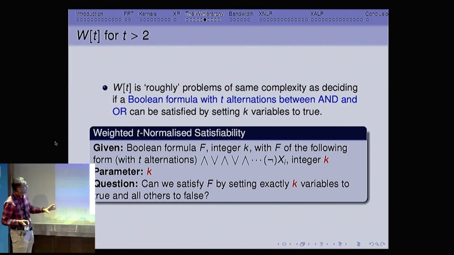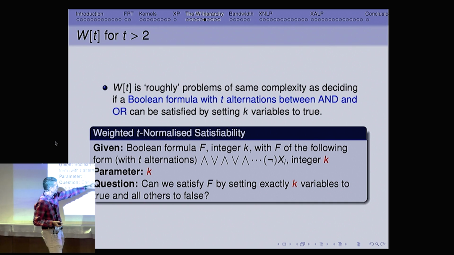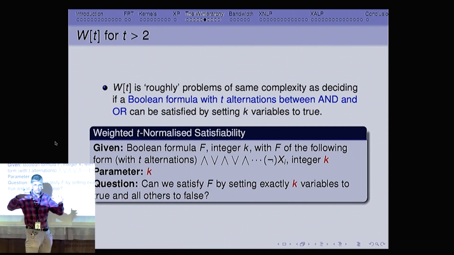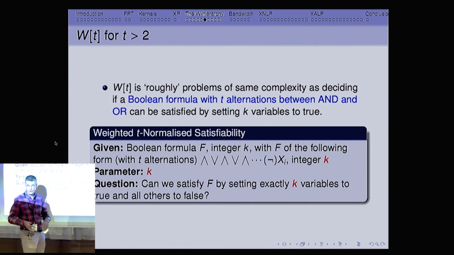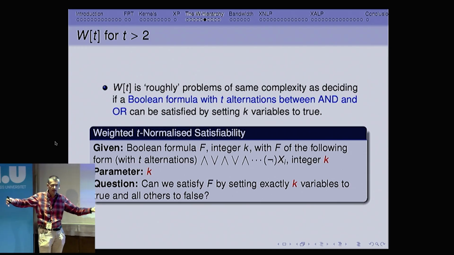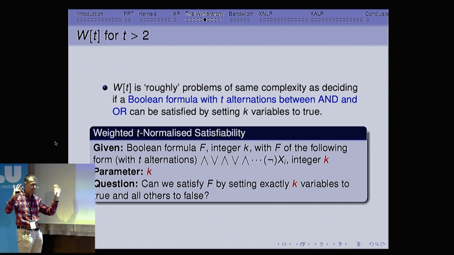And basically what does W[t] say is, I have a problem which you can formulate as a Boolean formula that is a conjunction of a disjunction of a conjunction of a disjunction of a conjunction of, and then in the end you have literals. So an AND of ORs of ANDs. So this is basically generalizing SAT, but then you have ORs and ANDs nested. But the nesting level is basically t.